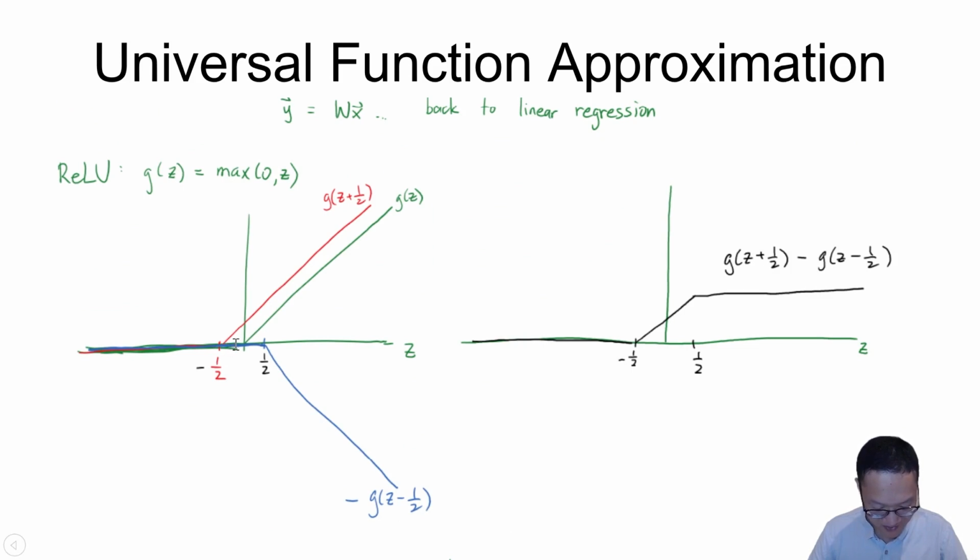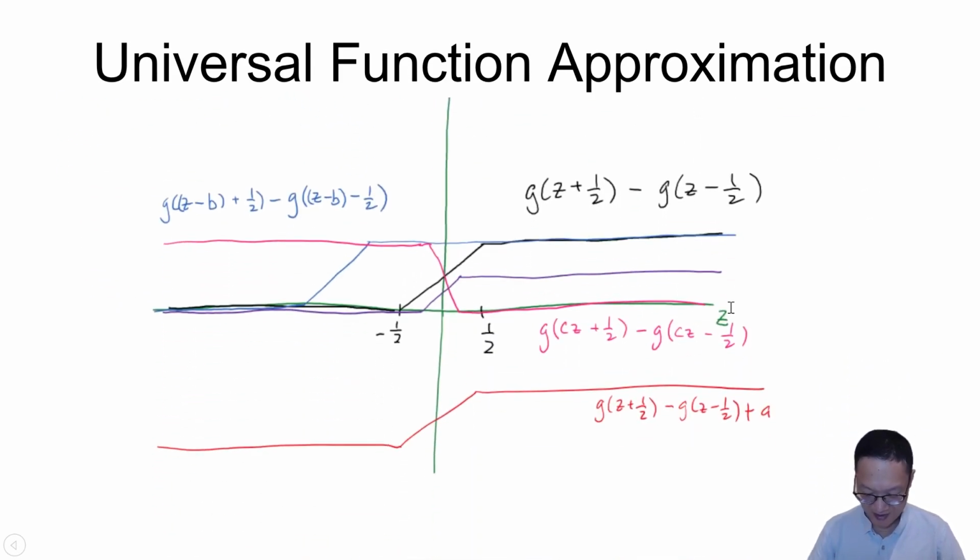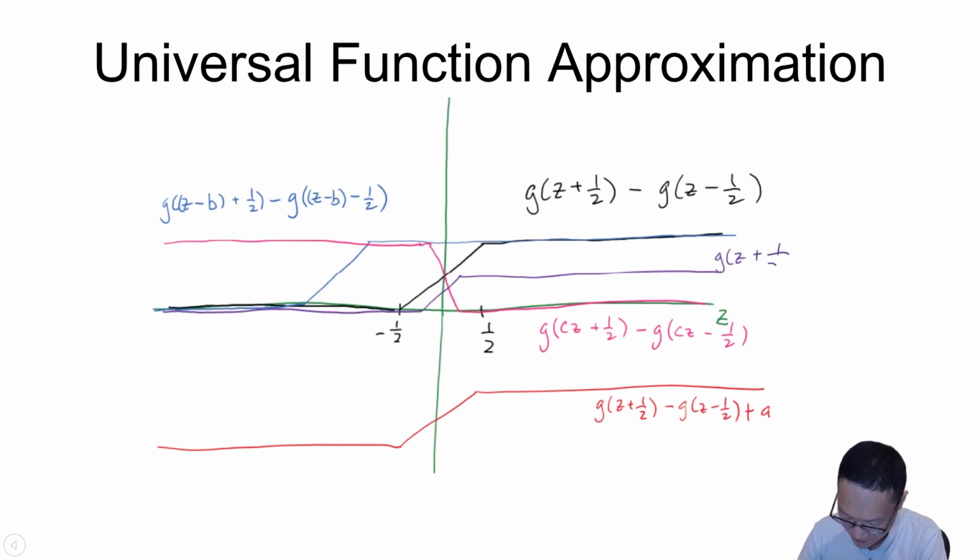If we have a narrower range, then the function will only go up in this narrow range, and then when the blue function starts going down, the difference between the red and blue will start to be flat, right? So this last function doesn't necessarily go all the way up as high as before. So the purple one is going to be g of z plus 1 over 2d. If d is greater than 1, then basically we'll start increasing a bit. The region of increase will be a bit narrower in the middle.